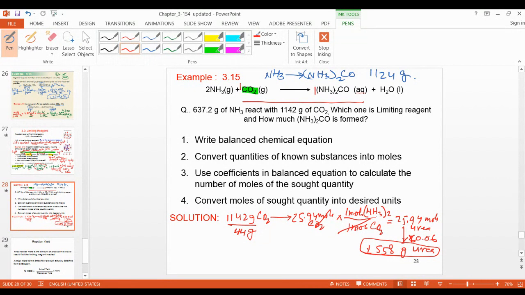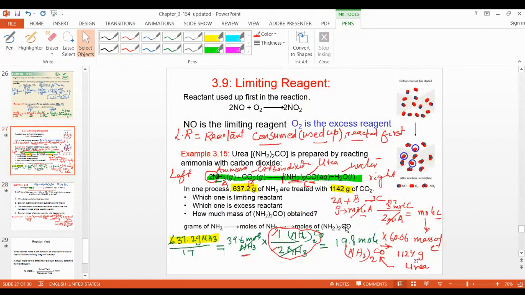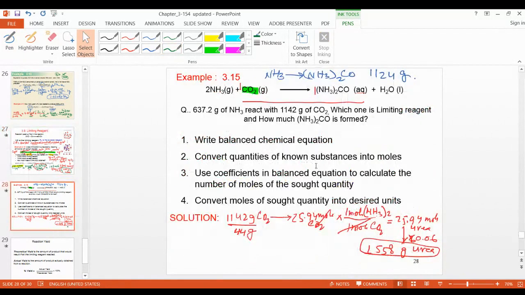Okay, look at the previous. How much urea did we get from ammonia? This is here, 1124 gram, right? And from carbon dioxide, we got 1558 gram.